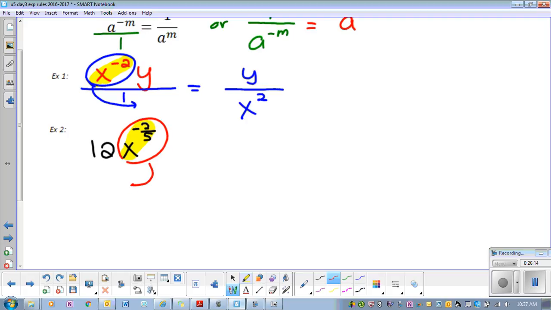Gotta move it down, right? So then this becomes x to the positive 2/5. Do I need to move that 12 down? No, because the 12 is already positive, so that 12 can stay. How's that? That's not that bad, right? Just move it to the other side.